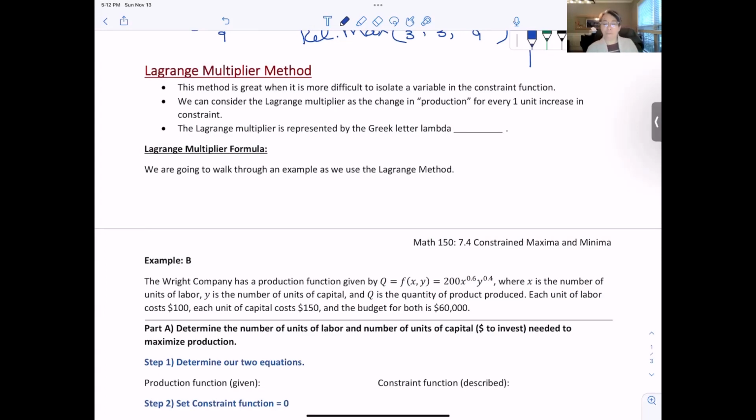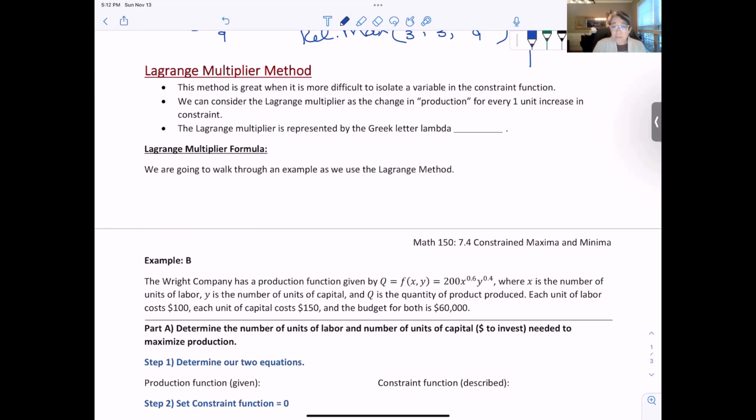Sometimes the constraint formula is not as nice and you're not able to get one of the variables by itself. I'm not going to give you any difficult constraint formulas to work with right here, but we need to practice this in case you see those in the future. So if you cannot isolate one of the variables, we use what's called the Lagrange multiplier method.